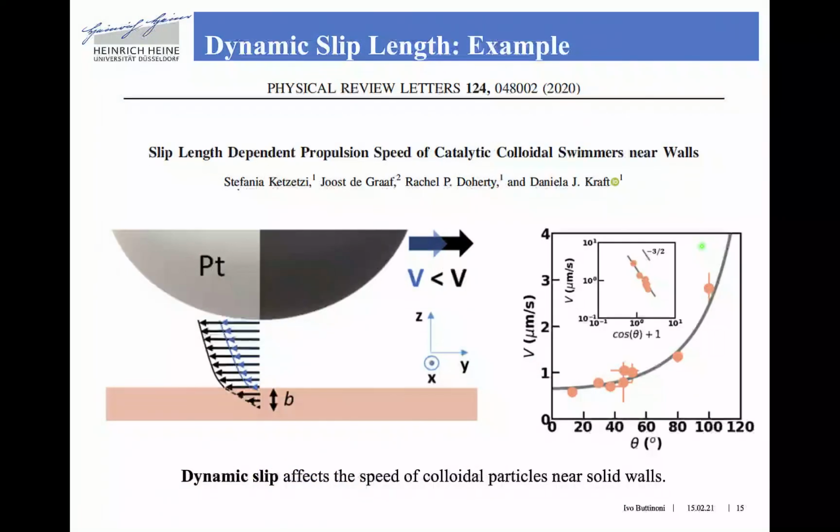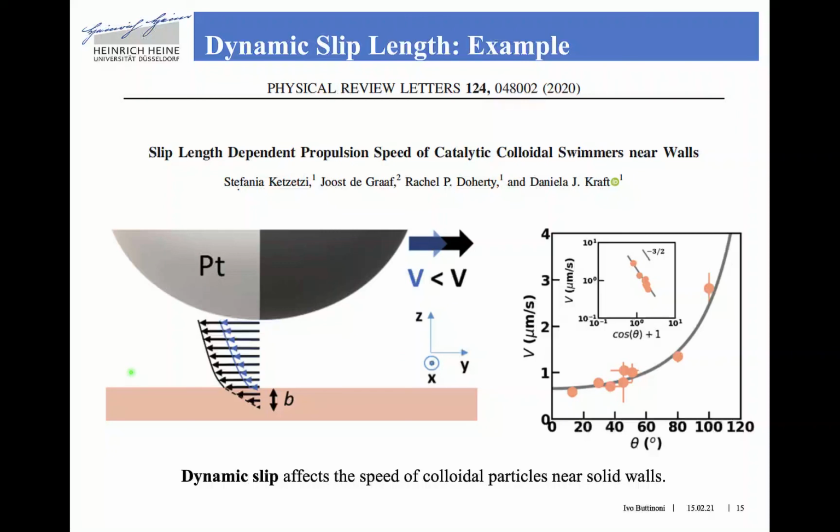And here is just a recent example where active particles swim near a solid substrate, and they swim by pushing some fluid behind. We will see all the details of the swimming mechanism in a few minutes. However, what is important is that here they swim in this direction while pushing fluid in this other direction.